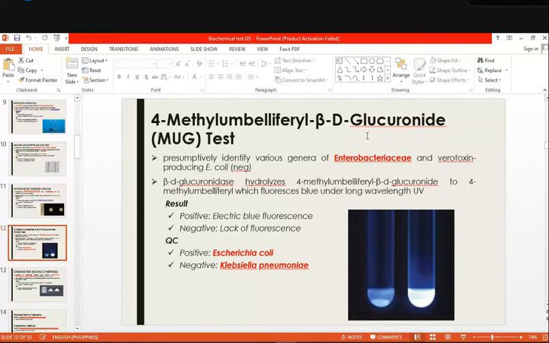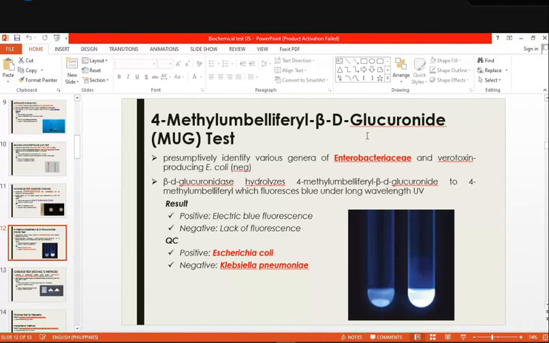They are the ones used in our MUG test. That is why they are used for our E. coli and our Enterobacteriaceae, because Enterobacteriaceae hydrolyze beta-D-glucuronide uronic derivative to aglycons and D-glucuronic acid.